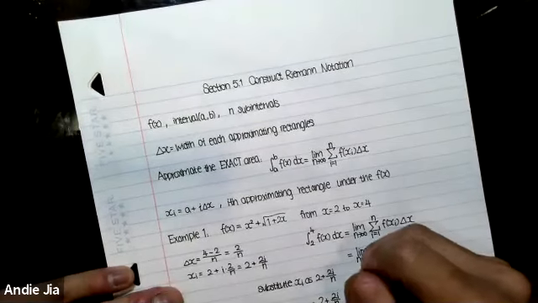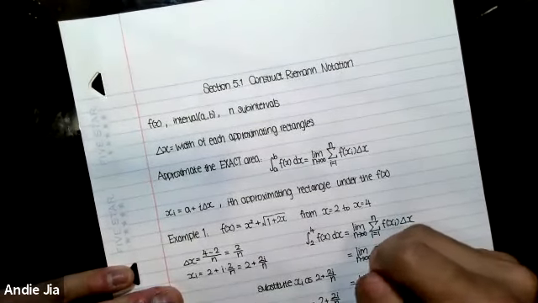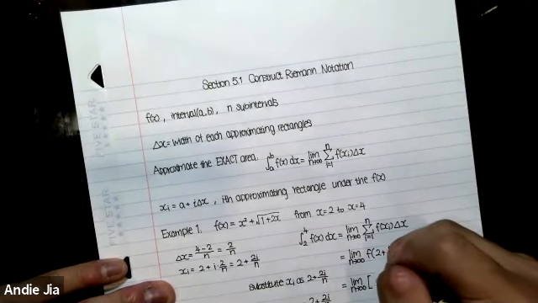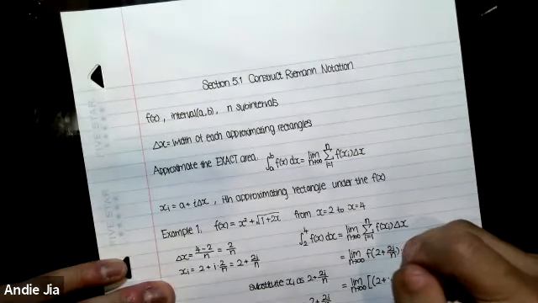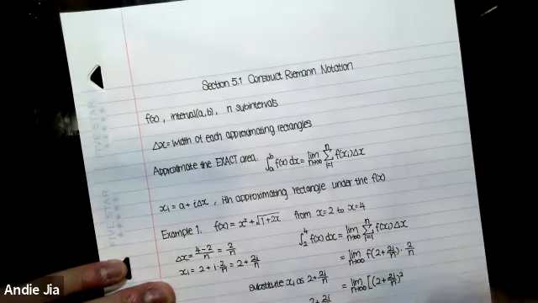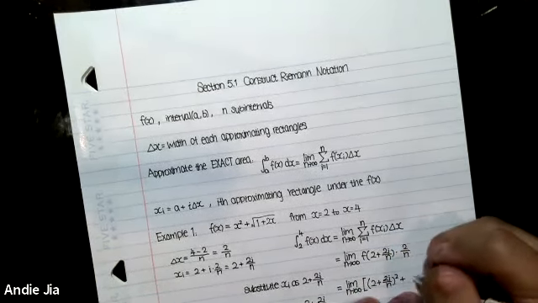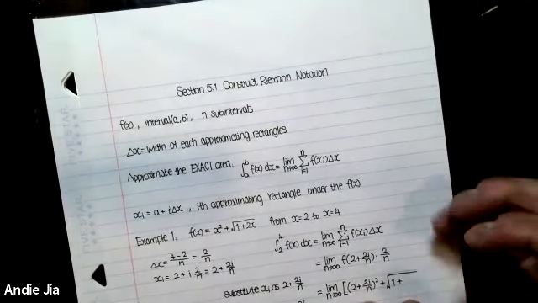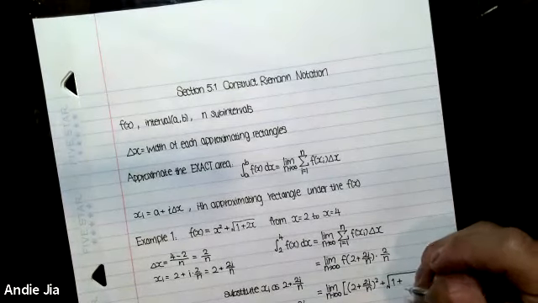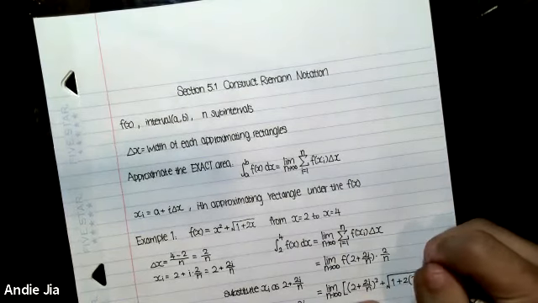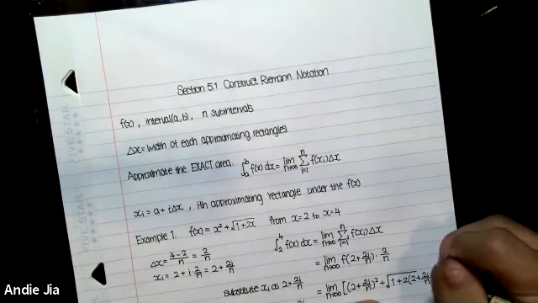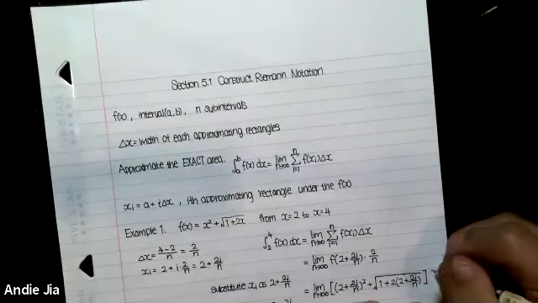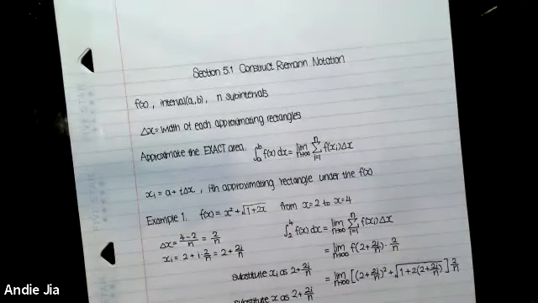So what we will have is the limit of, for the x squared, 2 plus 2i over n squared, plus the square root of 1 plus, and for 2x, 2 times 2 plus 2i over n, times 2 over n, which is delta x. That is the final answer.